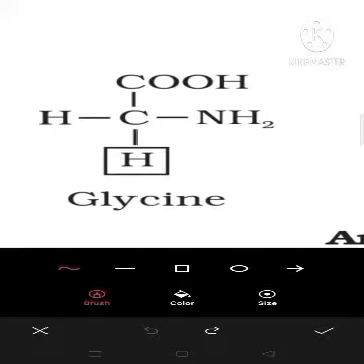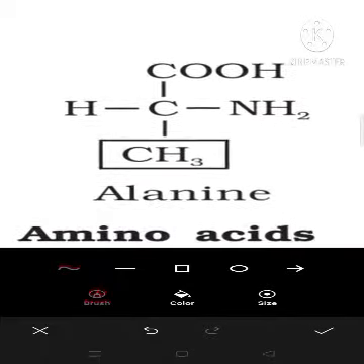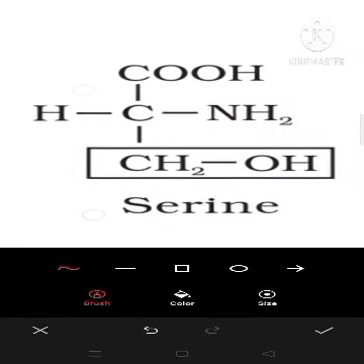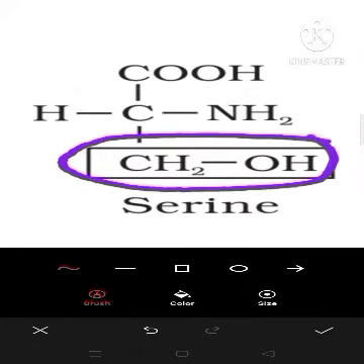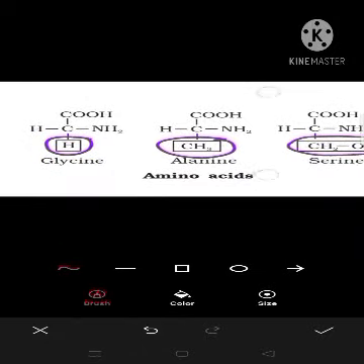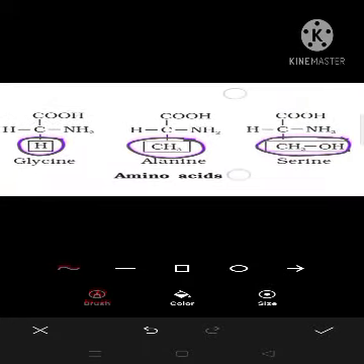Here you can see the R group is hydrogen. Now this is the structure of alanine. Here the R group is a methyl group. And this is the structure of serine. Here you can see the R group is hydroxymethyl. So these are 3 amino acids. Like this, there are 20 amino acids which join together to form different types of proteins.